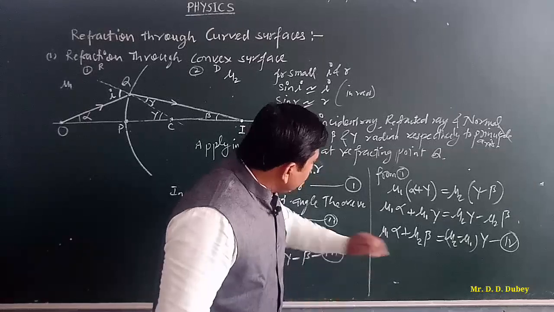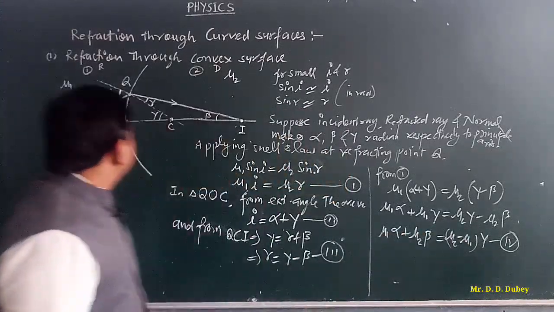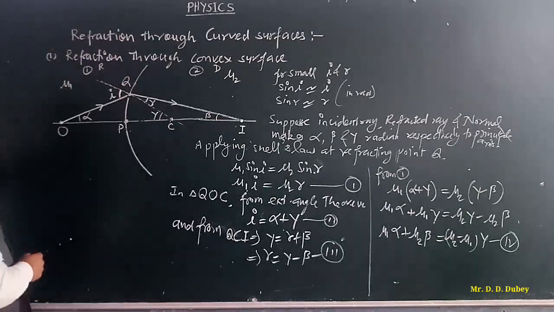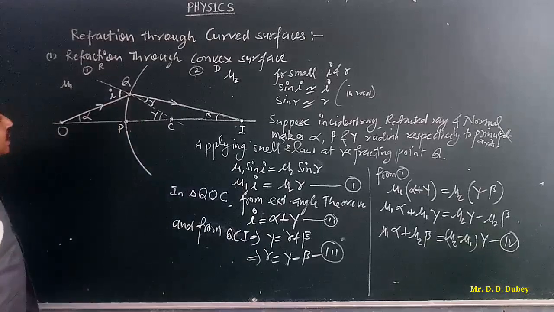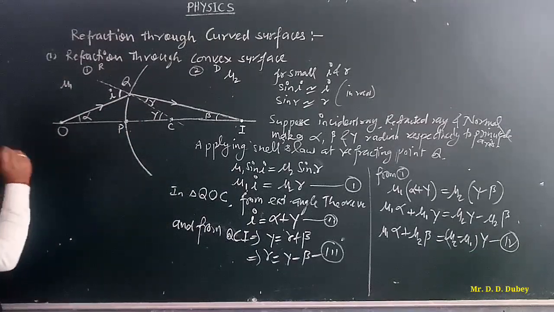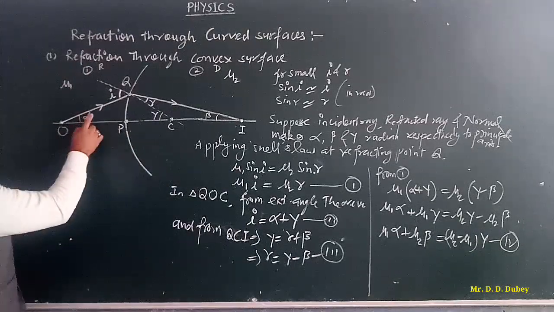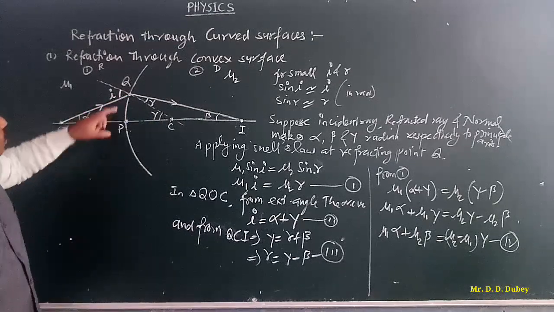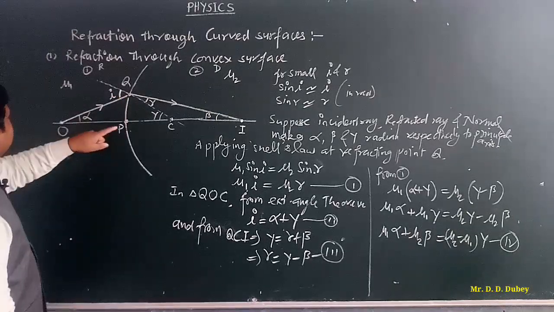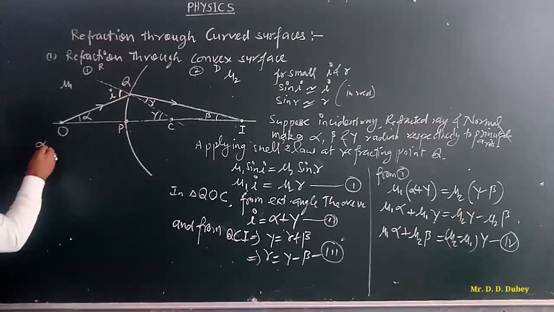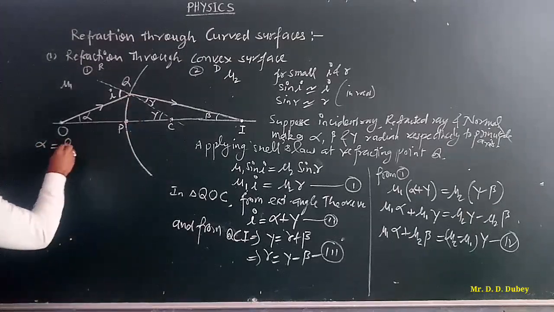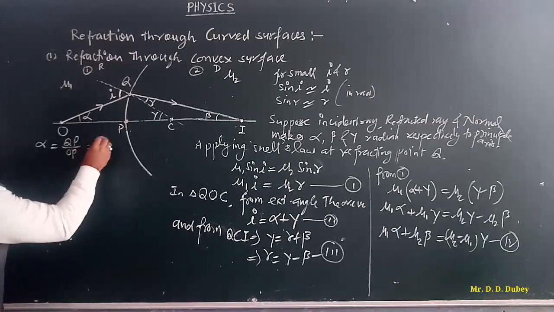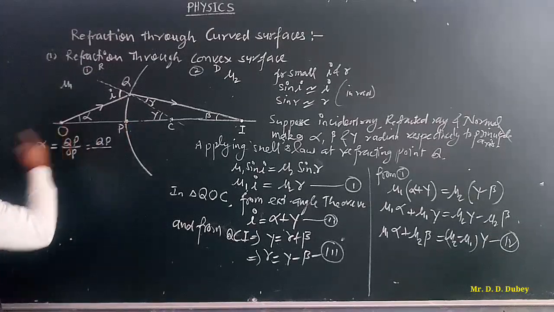Now if we put the values of alpha, beta and gamma from this figure, we take QP as the arc length. If alpha is in radian, then an angle in radian can be expressed as the ratio of the arc length to the radius. So alpha can be expressed as QP divided by OP, that is QP by this distance.